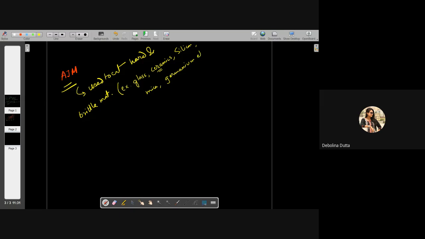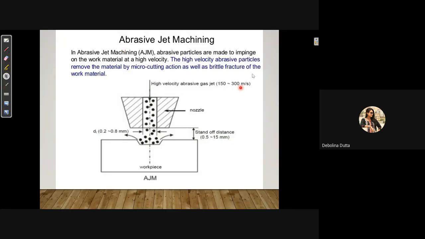These are the different brittle material examples which can be cut with the help of abrasive jet machining very easily. For a large variety of cutting and deburring, the process is smooth and free from vibration.